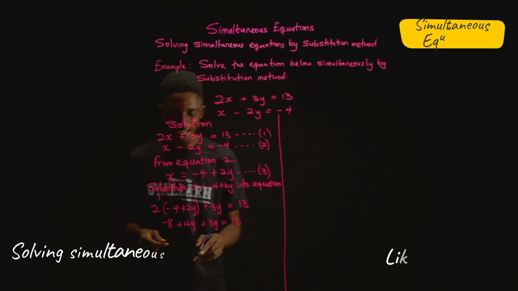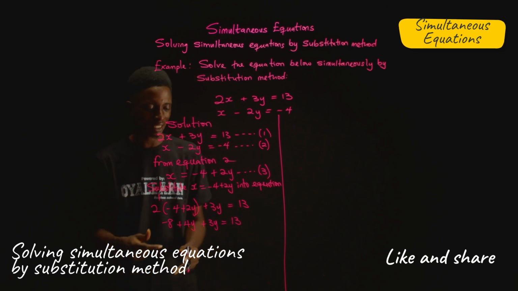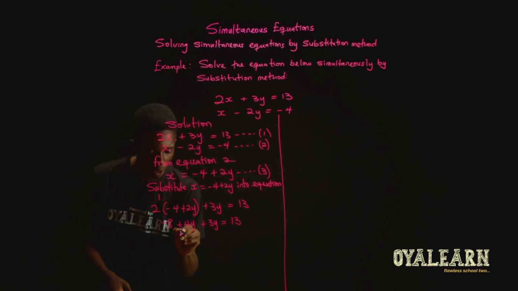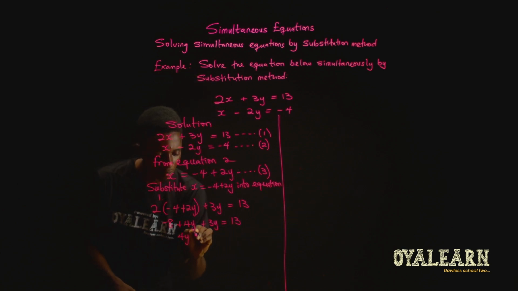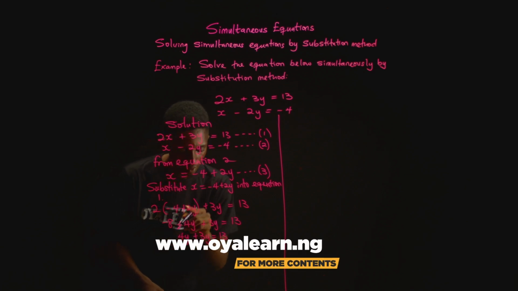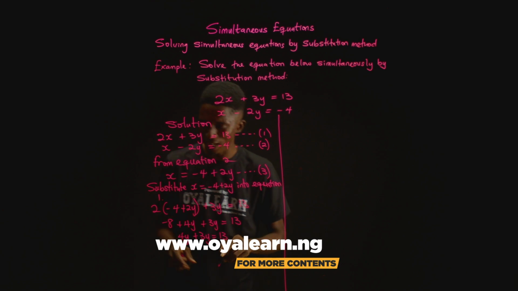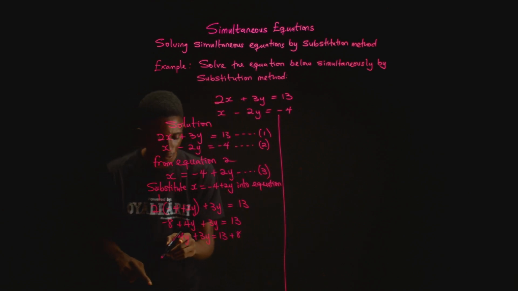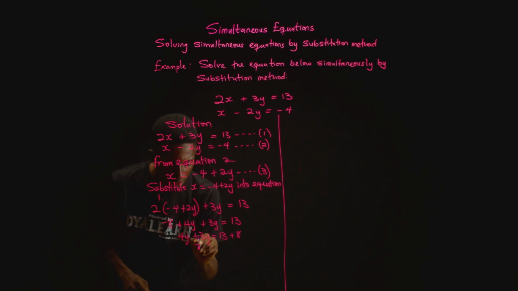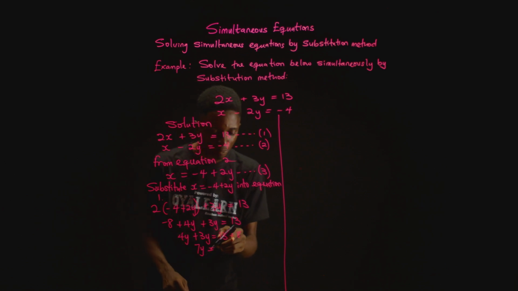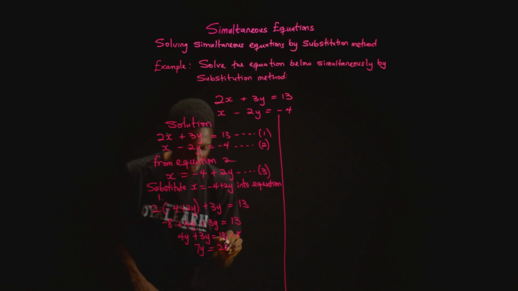Now let's collect like terms, so y on the left hand side and the constants on the right hand side. So I would have 4y plus 3y equals 13. Now when minus 8 comes to the other side of the equality sign, it becomes plus 8. Now 4y plus 3y gives us 7y equals 13 plus 8, which will give us 21.